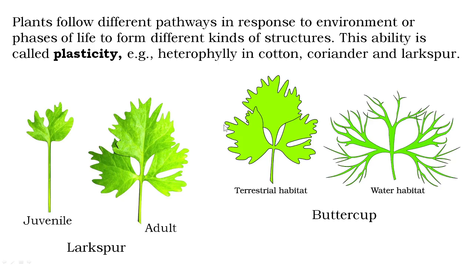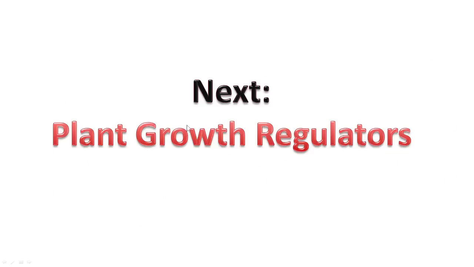So please remember this concept as well in plant development. Next we will talk about plant growth regulators, also called plant hormones or phytohormones, such as auxin, gibberellin, and abscisic acid.